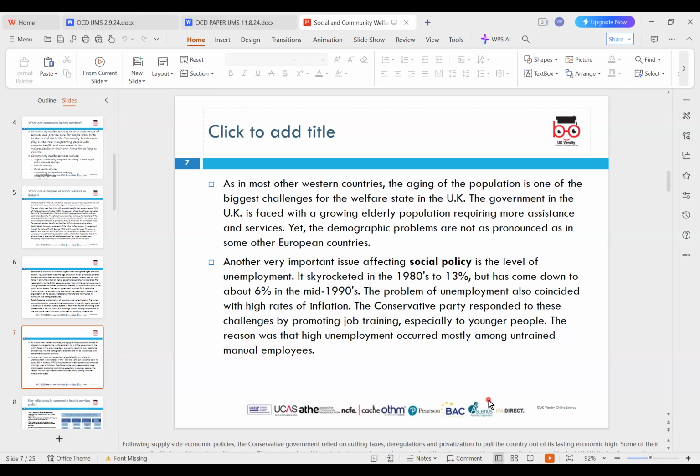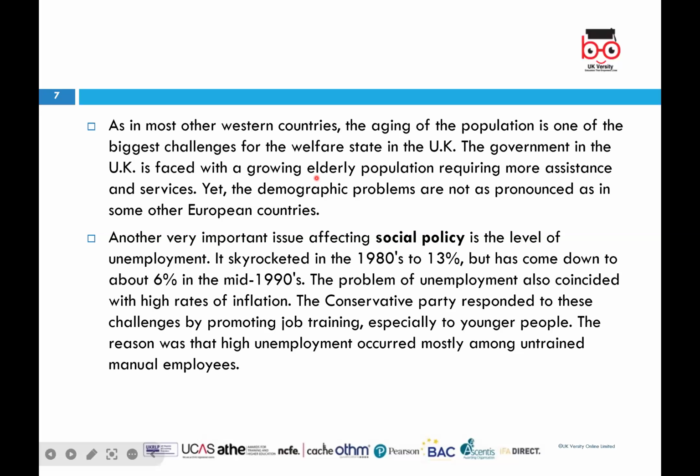Many people have lost their jobs or their working hours because there's not enough salary for people. The Conservative Party responded to these challenges by promoting job training, especially for younger people, because unemployment occurred mostly among untrained manual workers.